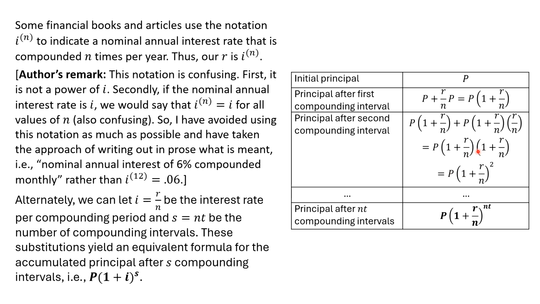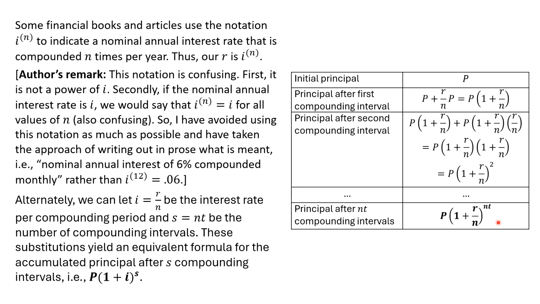And then I just multiply these together to get this. And if you do it another time for the third interval, you're going to just get P times (1 plus R over N) cubed, and so on, until you've hit the final number of compounding intervals, which would be N times T. And so this is our formula for compound interest.